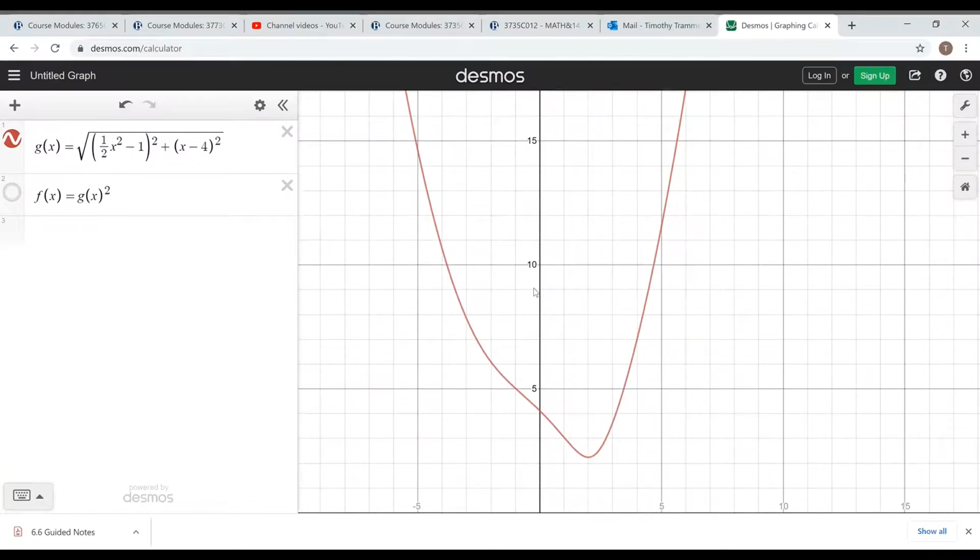We are in Desmos now, and I've rewritten our objective function a little bit differently here. It was actually 1/2 y squared minus 1 in here. Let me highlight this. This x squared in here was a y squared, and this x right here was also a y. I chose to write it this way so we could imagine its graph a little bit more easily.